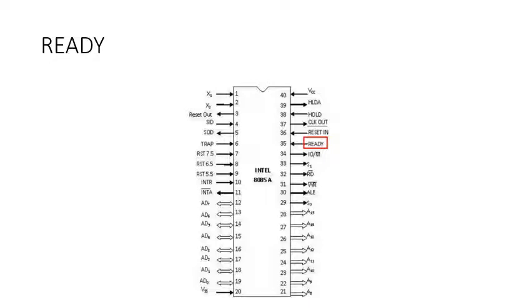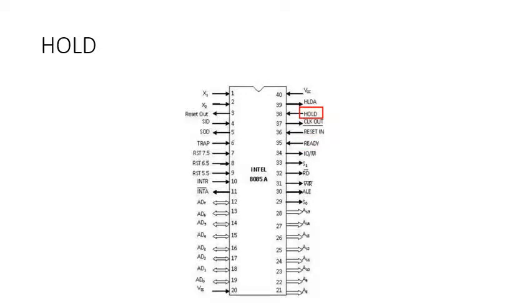The slowly operating device and our microprocessor must be synchronized. This pin number 35 is used to synchronize the slower peripheral or external device with the fast microprocessor. A low value causes the microprocessor to enter into wait state. The microprocessor remains in wait state until the input at this pin goes high.